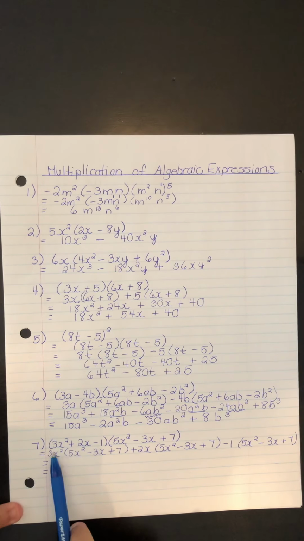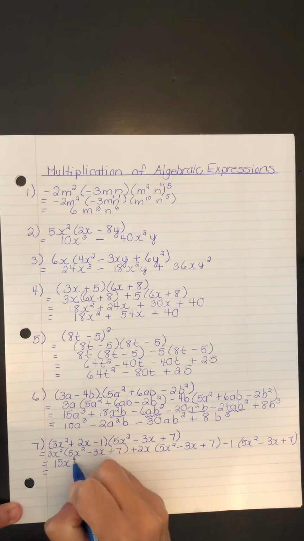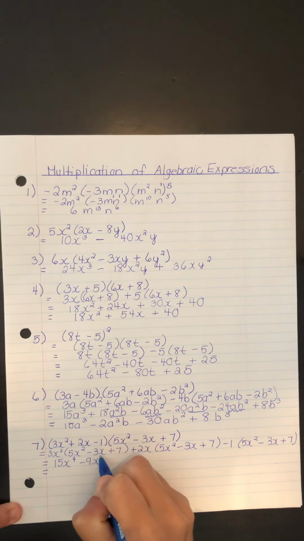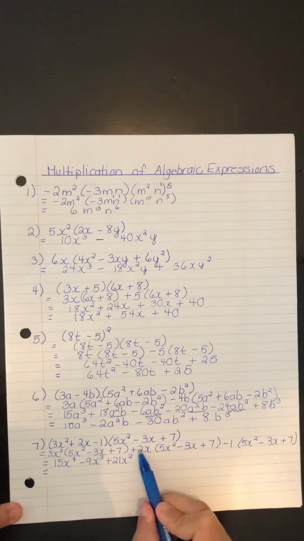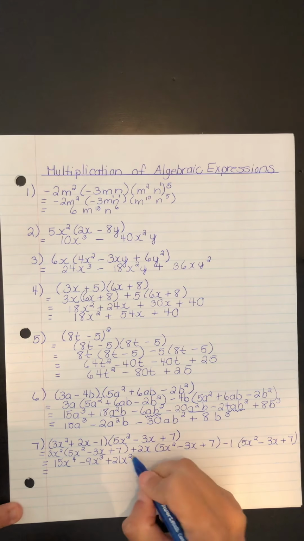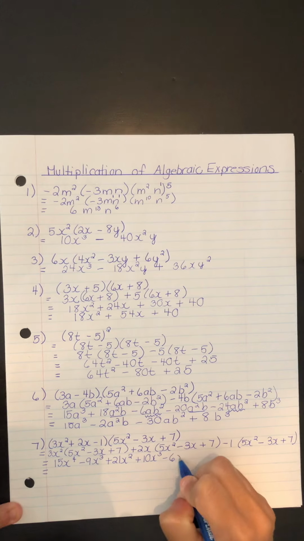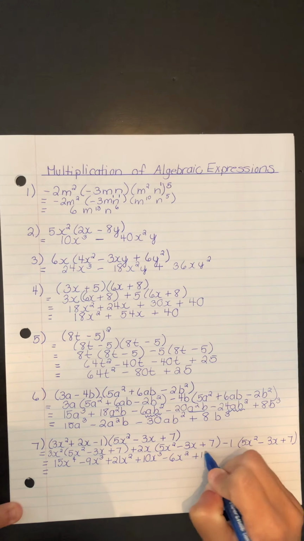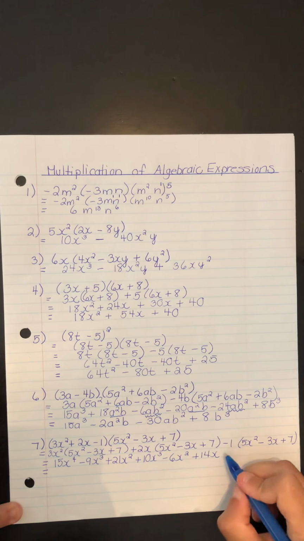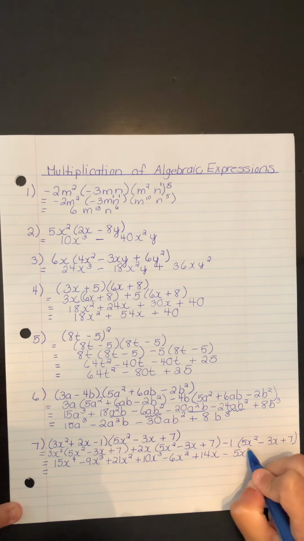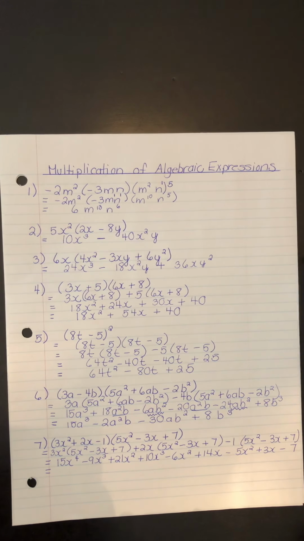So now I'm just going to do the multiplication here. 15x to the 4 minus 9x cubed plus 21x squared. And now the multiplication here. Plus 10x cubed minus 6x squared plus 14x. And now the multiplication here. Negative 5x squared plus 3x minus 7, like this.